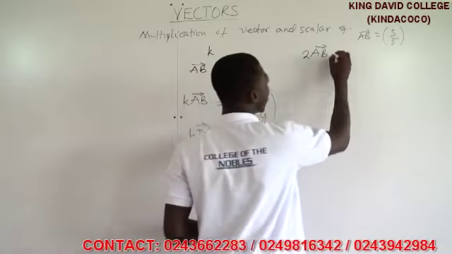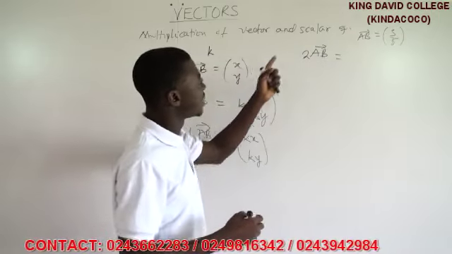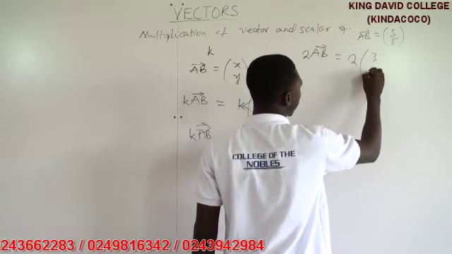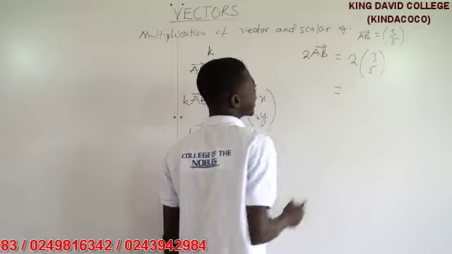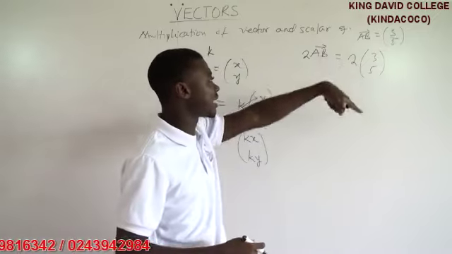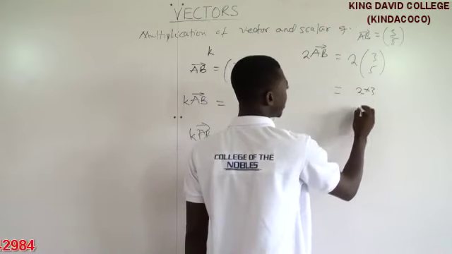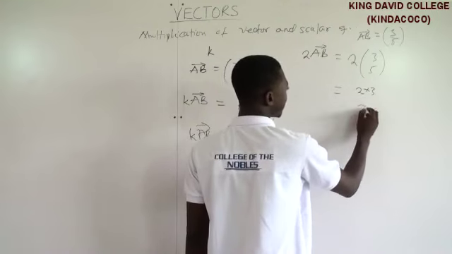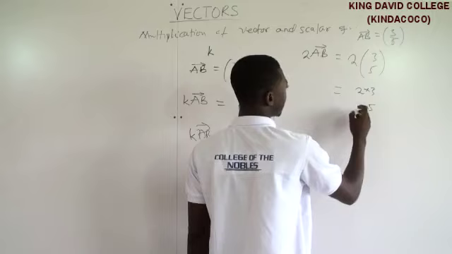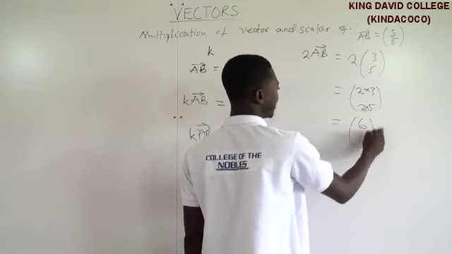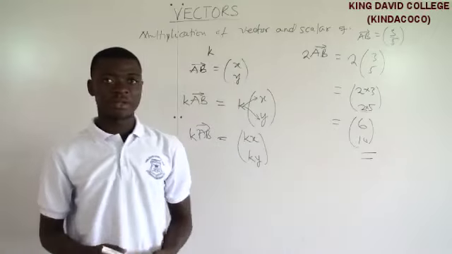From what we learned, the 2 is going to come in front, then (3, 5). Then kx, ky, so 2 times 3, 2 times 5. So it's going to be 6 and then 10. That is very simple like that.